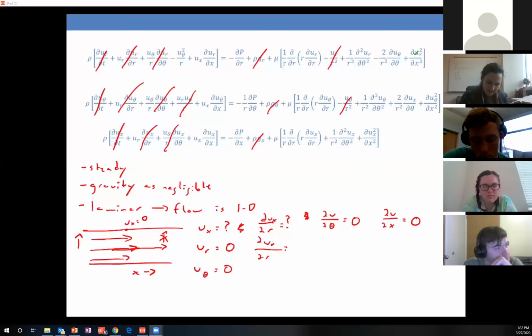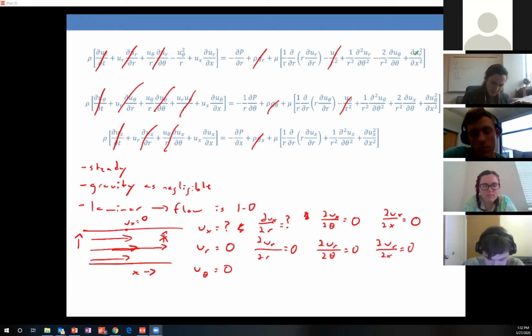And all of these will also be 0. du_r/dx is equal to 0. du_theta/dr is equal to 0. du_theta/d theta is equal to 0.